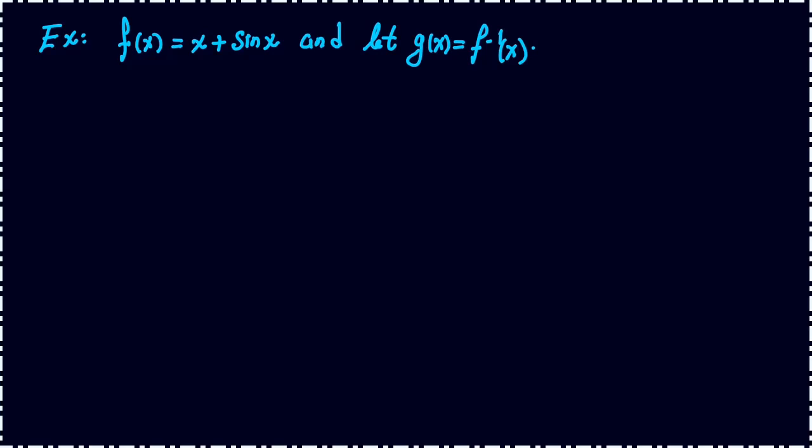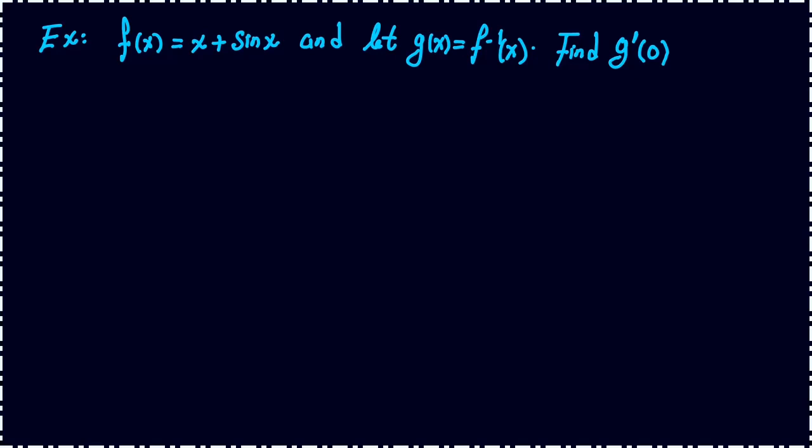The question here is to find the derivative of the inverse at, let's say, 0. So let's write down the formula. We know that f is 1 to 1. We've proven that it in fact has an inverse. Therefore, g, or f inverse of x, exists.